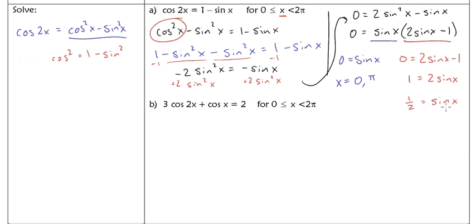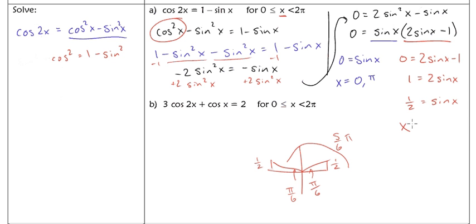And where does sine of x equal 1/2? Well, let's sketch out our triangles here. So where is sine going to be equal to 1/2? Right there and right here, and we're dealing with radians, so this is going to be pi over 6, and then this reference angle is pi over 6, meaning that the angle itself is 5 pi over 6.